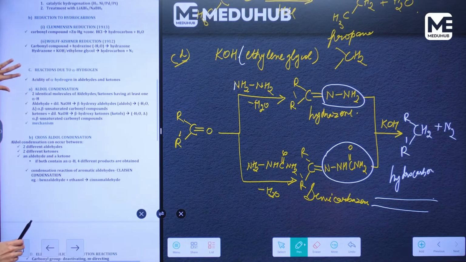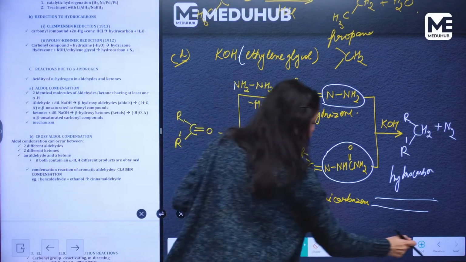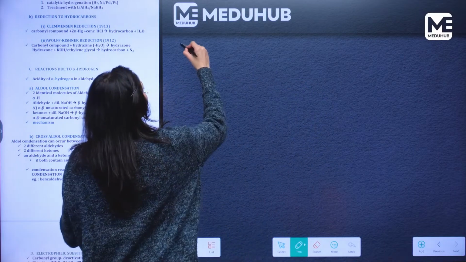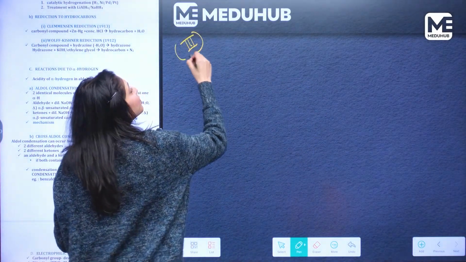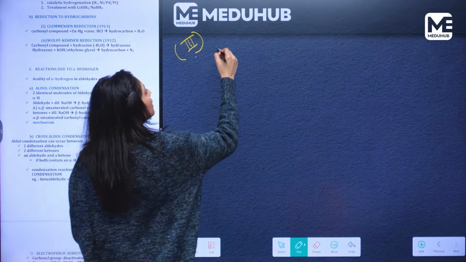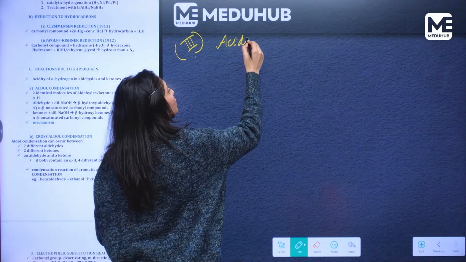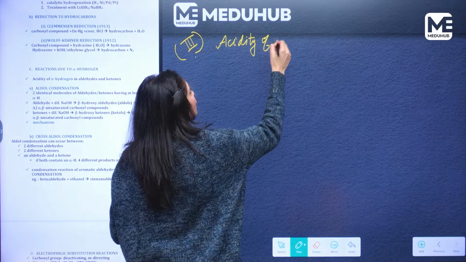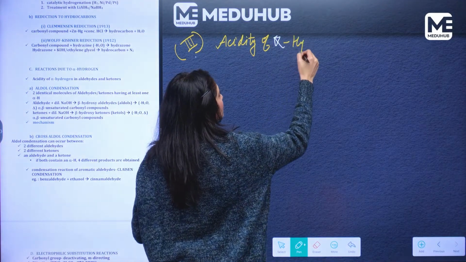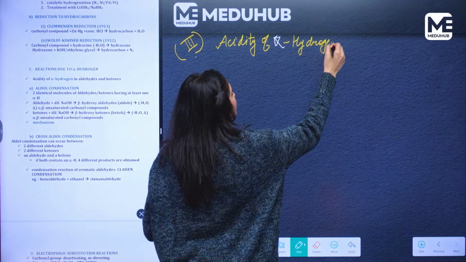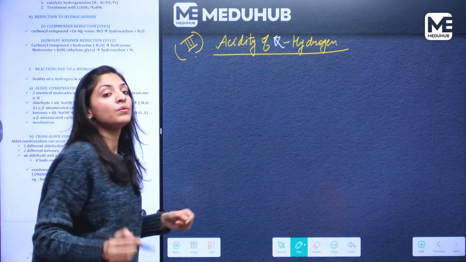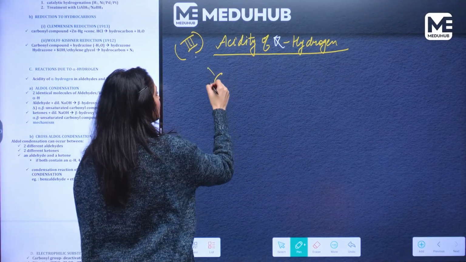Next reaction is due to the acidity of alpha hydrogen. So the third category of reactions given by both aldehydes and ketones are the reactions due to acidity of alpha hydrogen. Now, this is the carbonyl group.